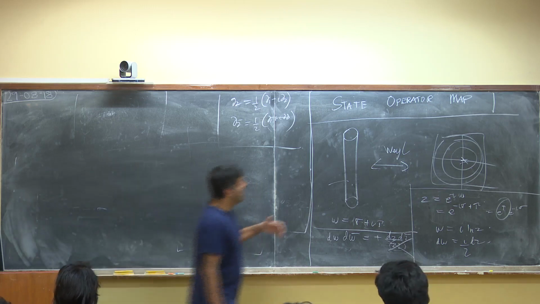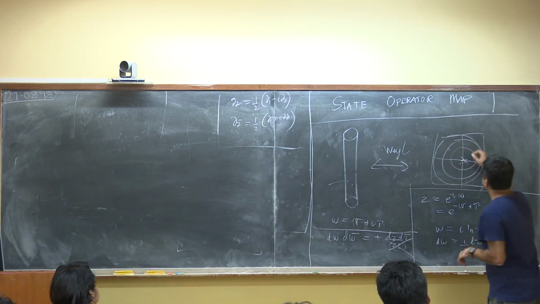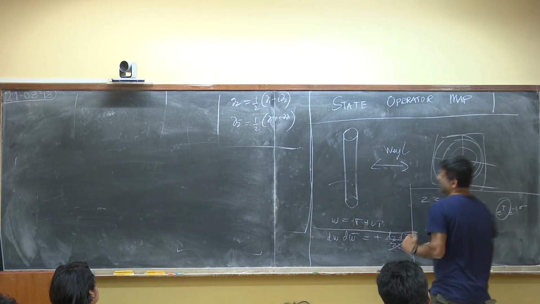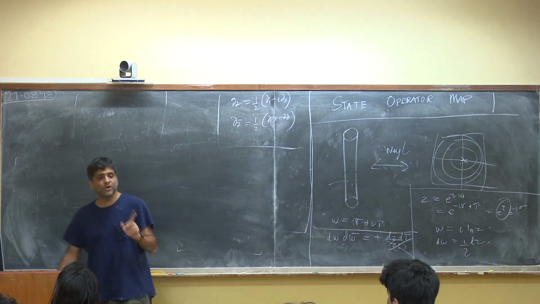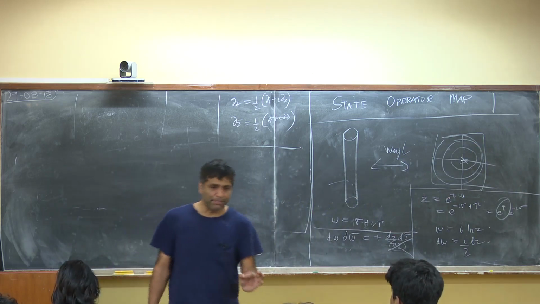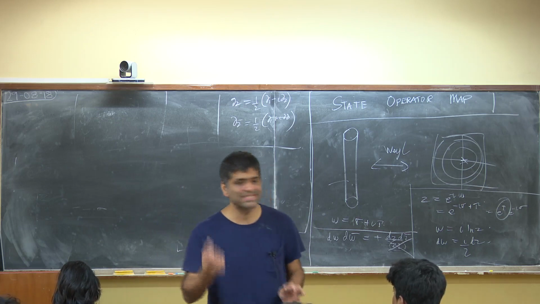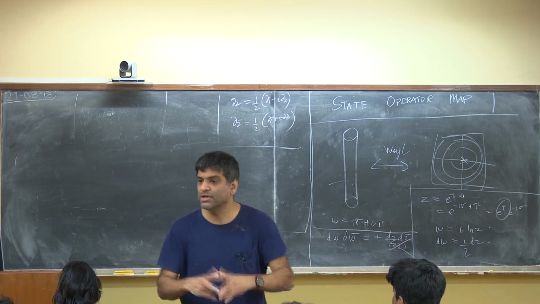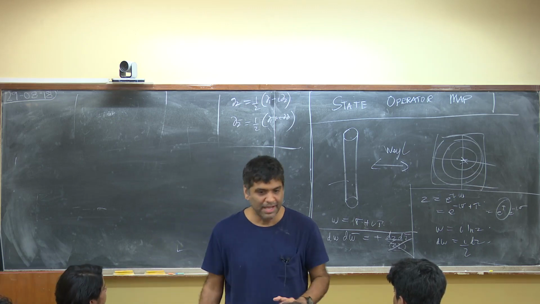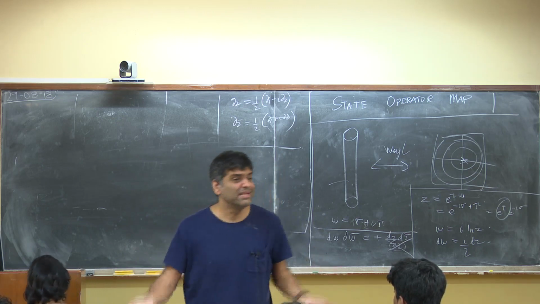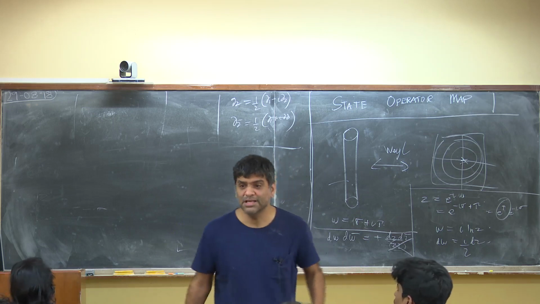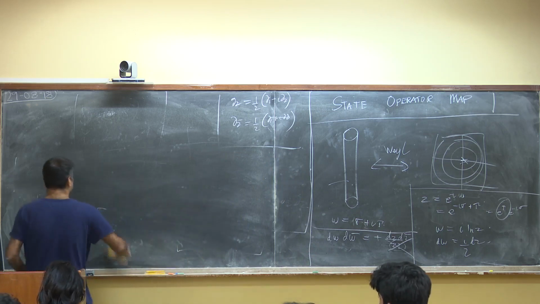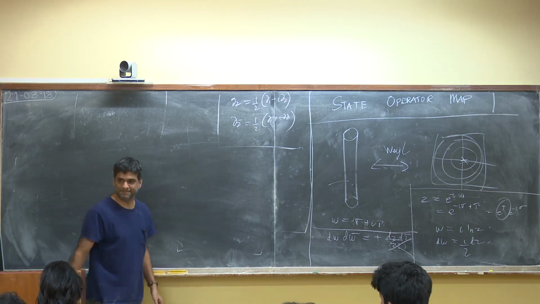So, in order to establish the claim, I have to show you that given a local operator in the theory, I can uniquely produce a state. And given a state, I can uniquely produce a local operator. Okay? So I'm going to prove both statements for you.